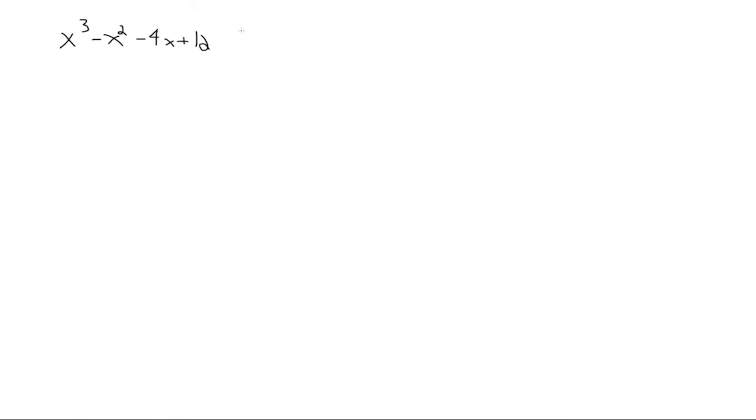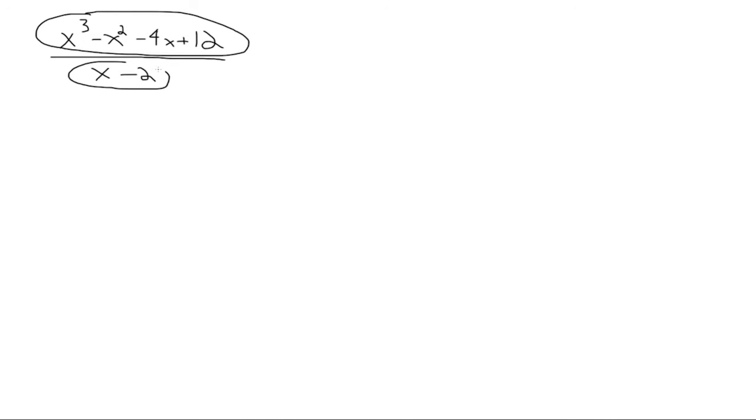And we are going to divide this by x minus 2. So what's happening here is we have a polynomial and we are dividing it by a binomial, just like I said in the intro. How are we going to do this?